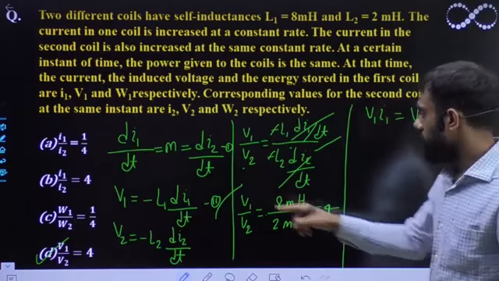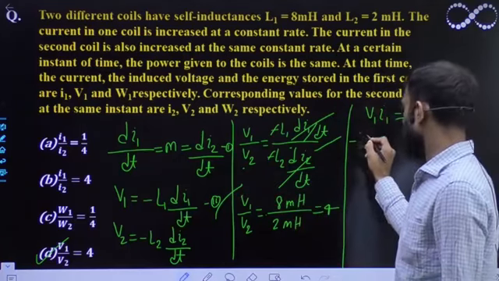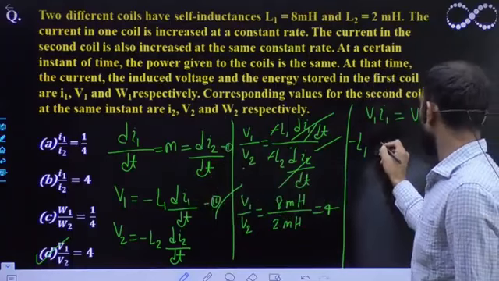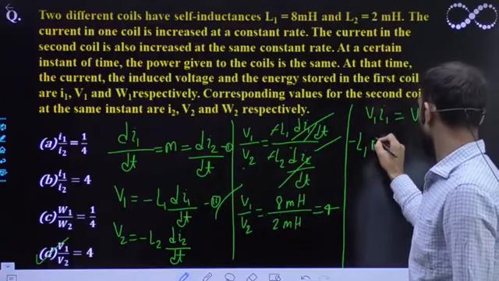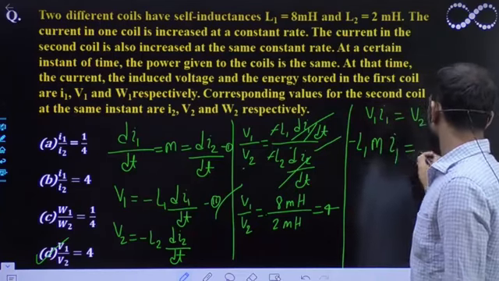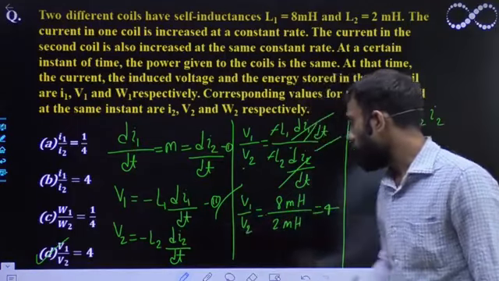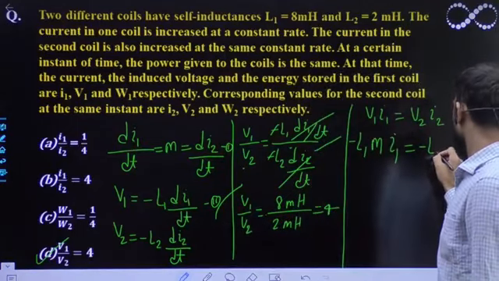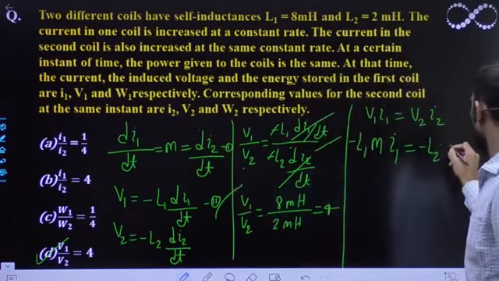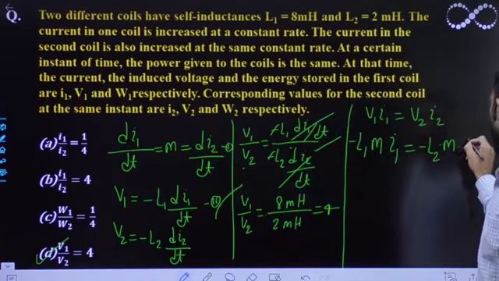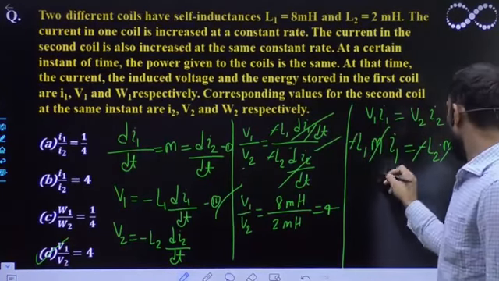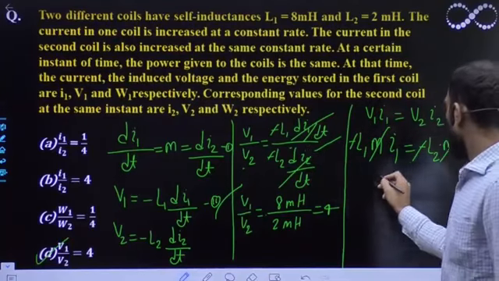V1 is minus L1 dI1 upon dt, and dI1 upon dt is nothing but M. And I1 is I1 only. V2 is minus L2 dI2 upon dt, and dI2 upon dt is nothing but M, and I2 is also there. So M will cancel out, minus minus will cancel out, and once again I can say I1 upon I2.